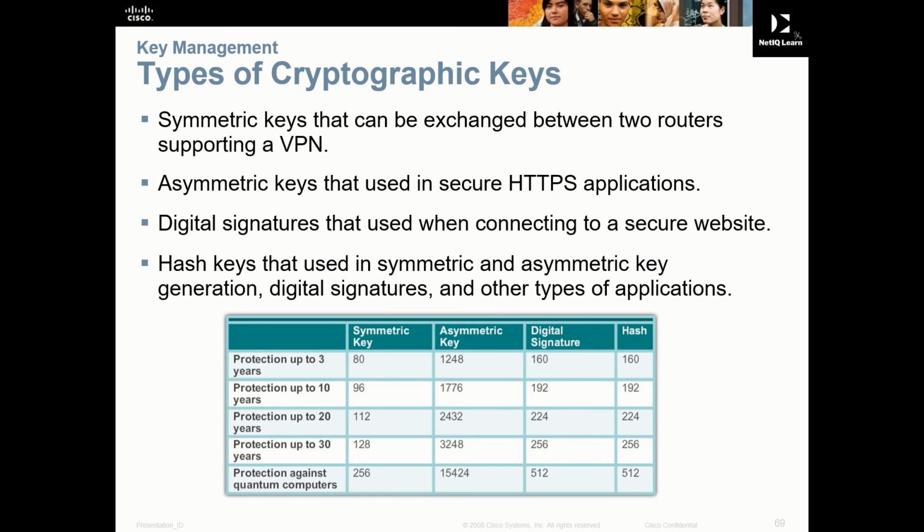Symmetric keys can be exchanged between two routers supporting a VPN, while asymmetric keys are used in secure HTTPS applications, and digital signatures are used when connecting to a secure website. Hash keys are used in symmetric and asymmetric key generation, digital signatures, and other types of applications. We will discuss all of these in detail in upcoming sessions.